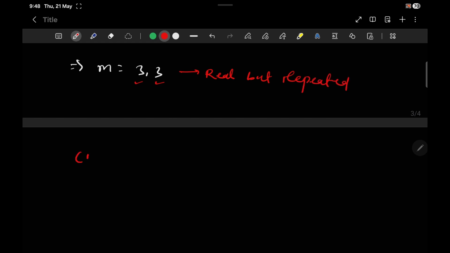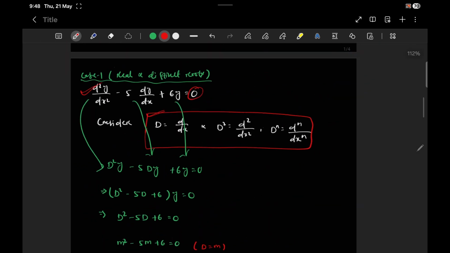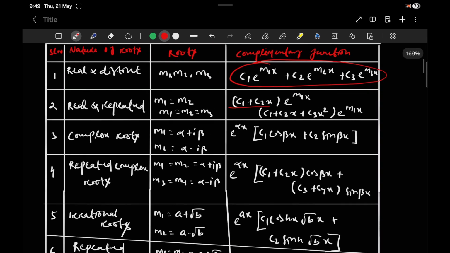So our complementary function will be c1 e^(3x) + c2 x e^(3x), or (c1 + c2 x) e^(3x), right? Like this. (c1 + c2 x) e^(m1 x), where m1 is our 3.